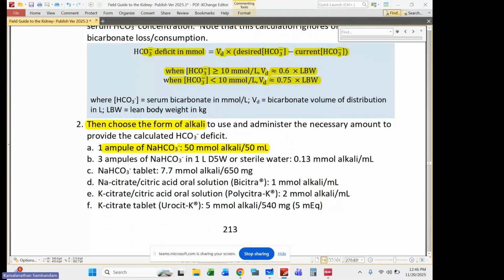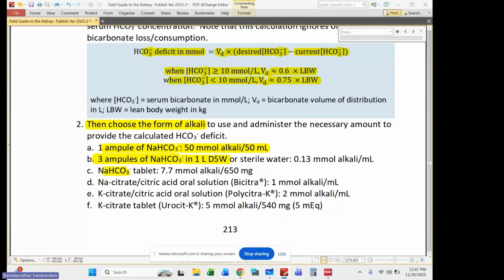An amp contains 50 millimoles. When you put 3 amps in a liter, that's going to be roughly 150 millimoles per liter. Not quite, because the volume is expanded a little bit. It's not quite a liter after you add 150 cc's. But for all intents and purposes, it's 150 millimoles per liter, right?